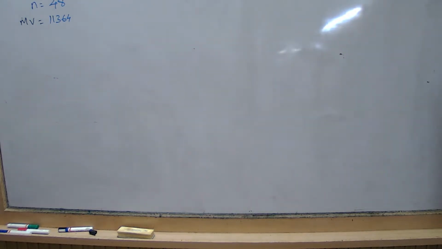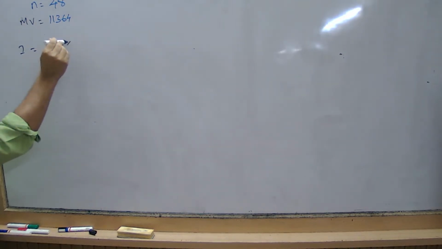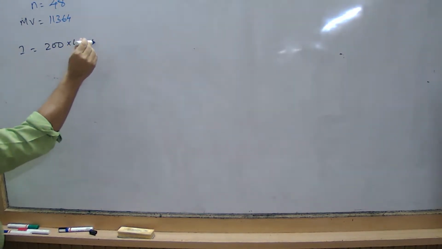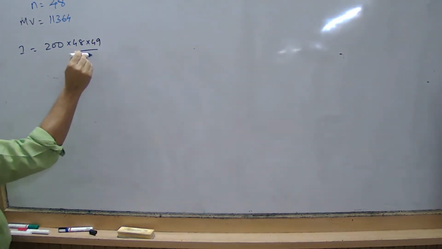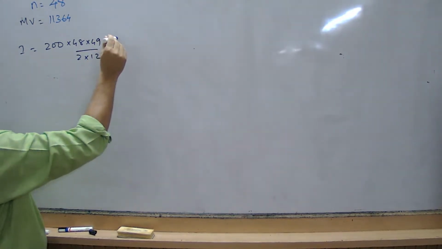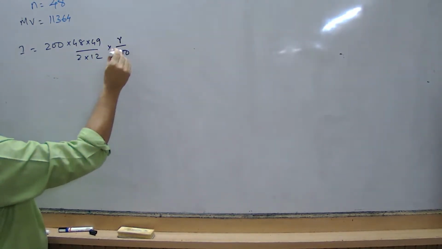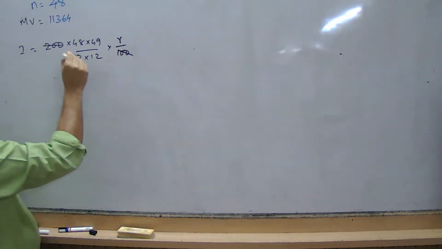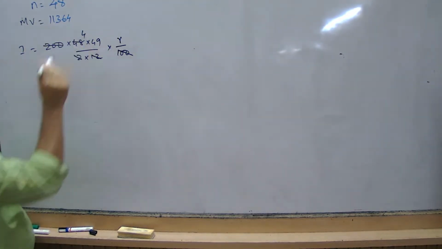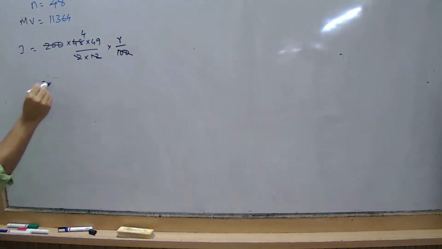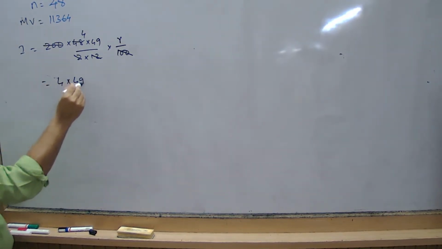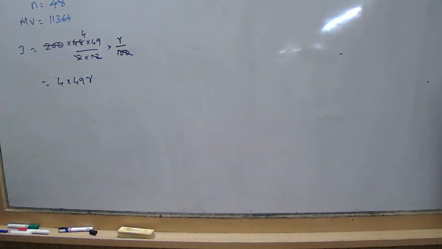Last year. I is equal to 200 into 48 into 49 by 2 into 12. If you had your phone, you could have done it very fast. That is it. 4 into 49. No need to multiply this one. If you want to multiply, you will see it was automatically going to divide.